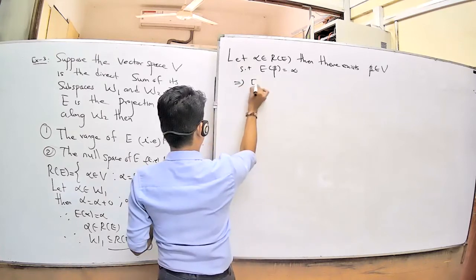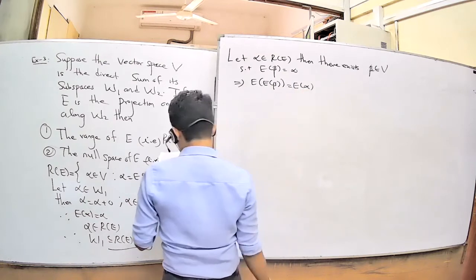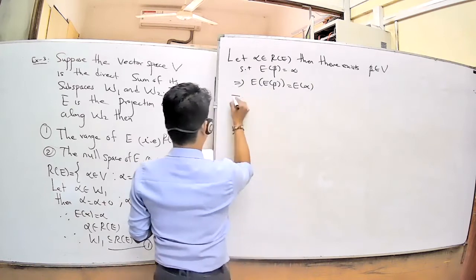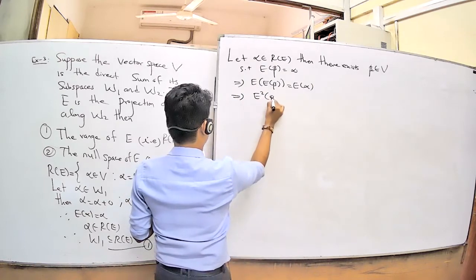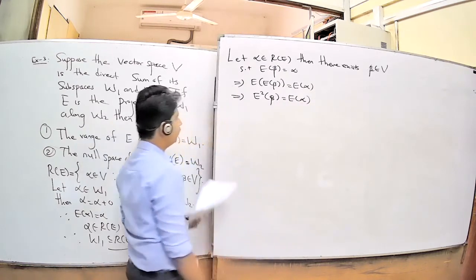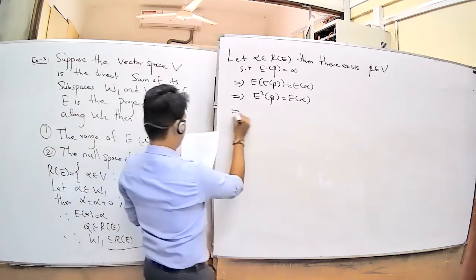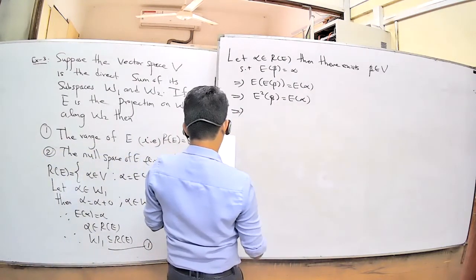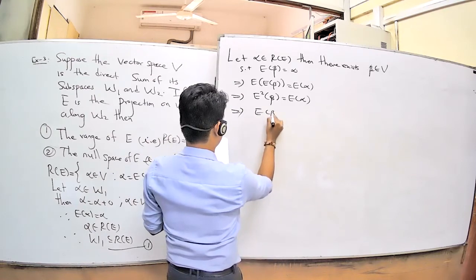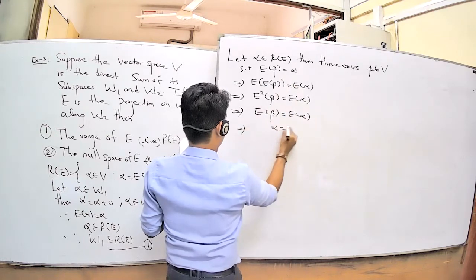Now you can take these terms. E^alpha means E squared. In the previous exercise we proved that E squared equals E, therefore E beta equals E alpha, but E beta equals alpha, so alpha equals E alpha.